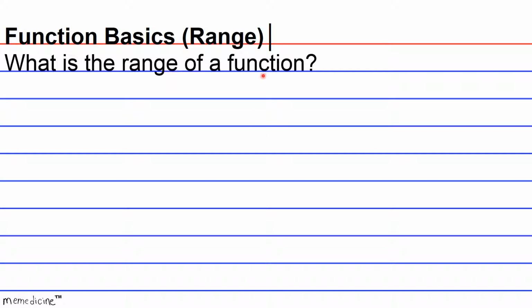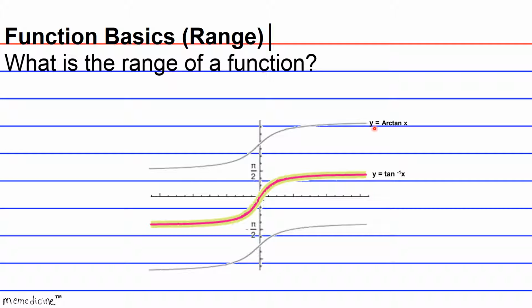And so let's take a look at the range of the trigonometric function y equals arctan of x, also called the inverse tangent of x. These are the same functions, okay? Except this one is restricted, obviously.